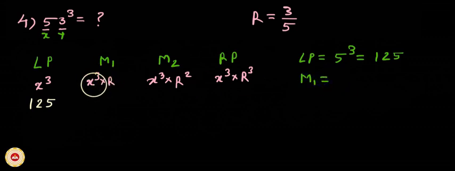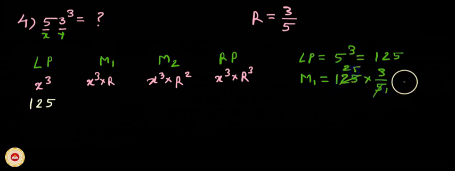Middle part 1 is x cubed multiplied by ratio R. 125 multiplied by 3 by 5. So 5 1s are 25, 25 3s are 75. So the value of middle part 1 is 75. Write this value in the middle part.